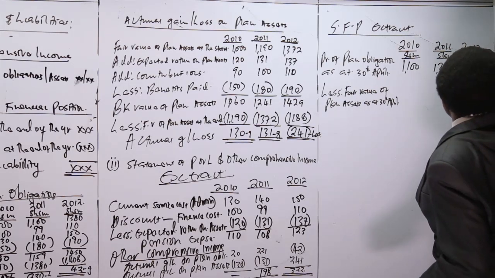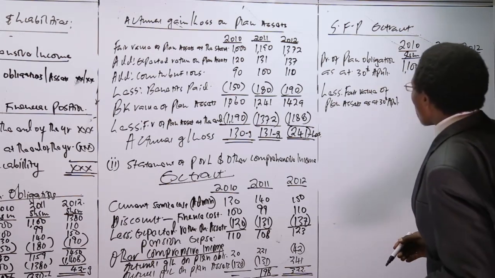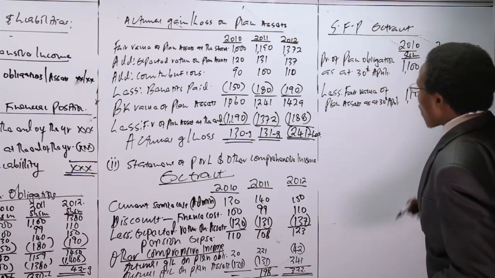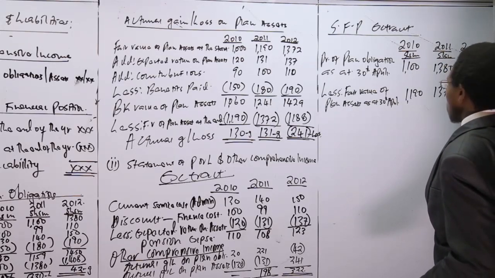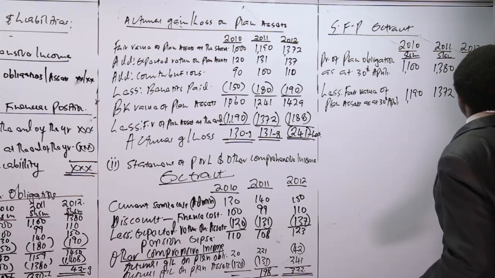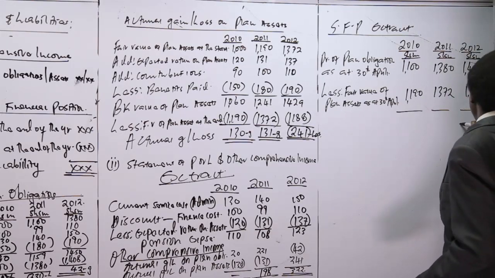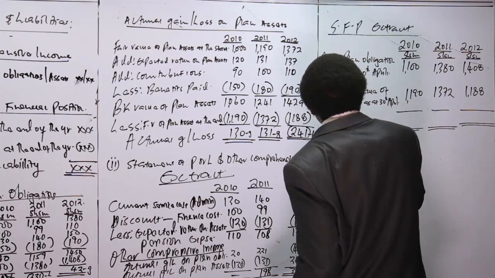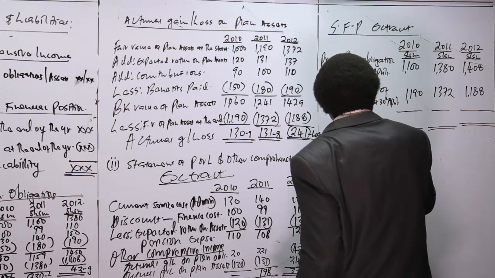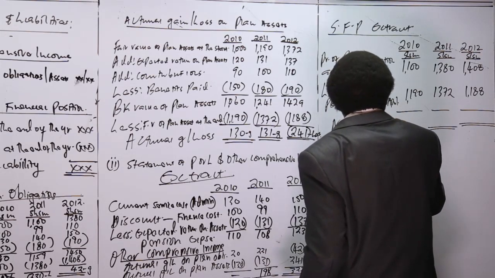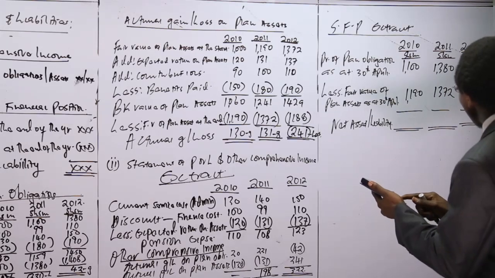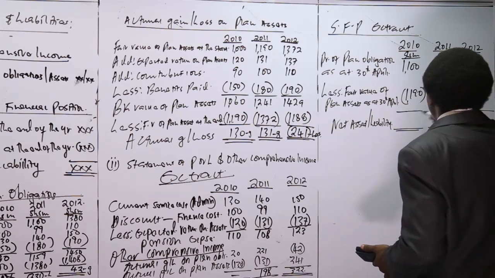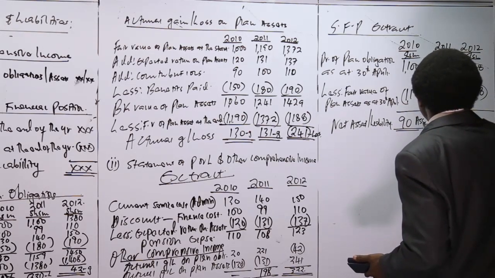Don't forget this. So fair value of plan assets at the end, we have 1190, then 1372, then 1188. Now let's see, is it a net asset or a net liability? 1100 minus 1190, so 90 is an asset.